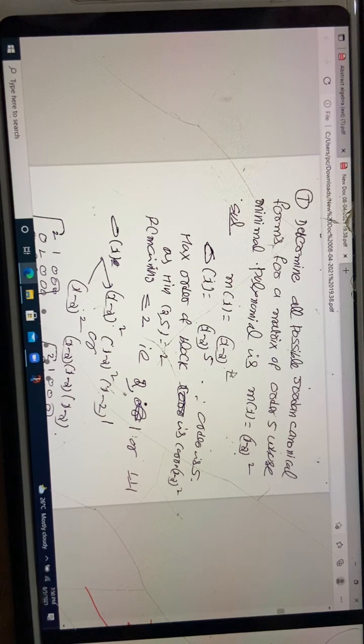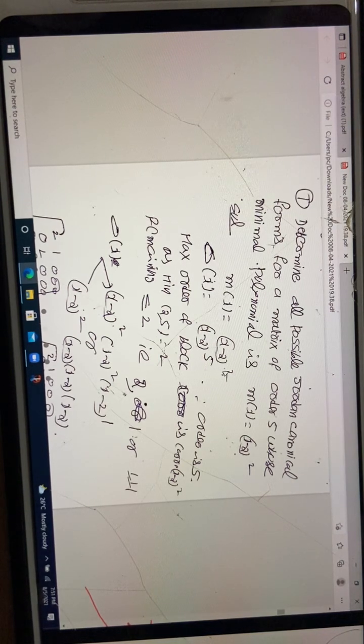What is the degree of the minimal polynomial? 2. So there should be a block of order 2. The maximum order of the block corresponding to eigenvalue 2 is 2.